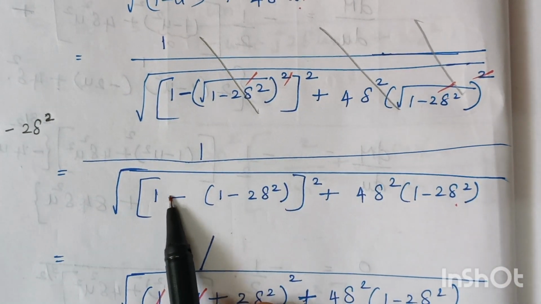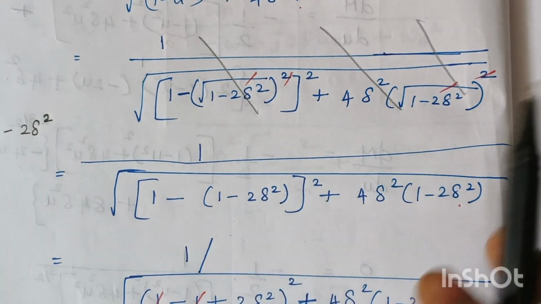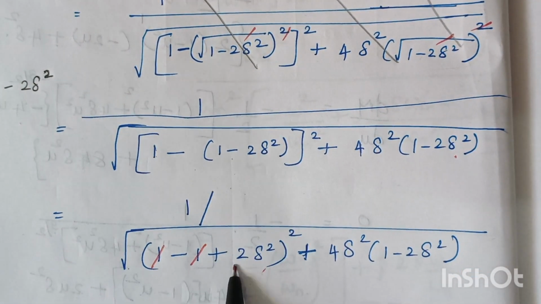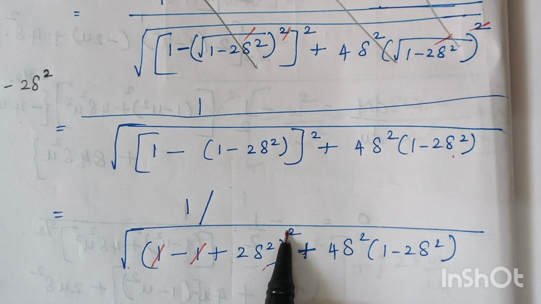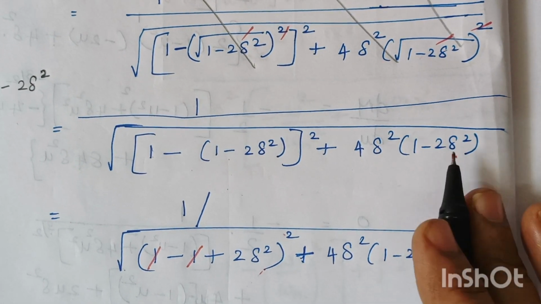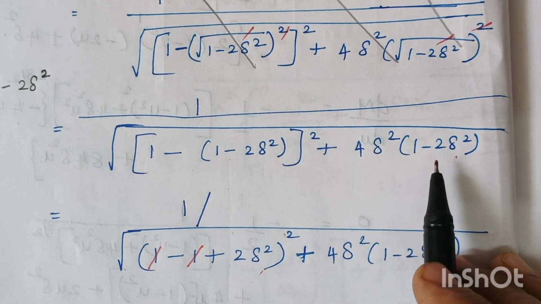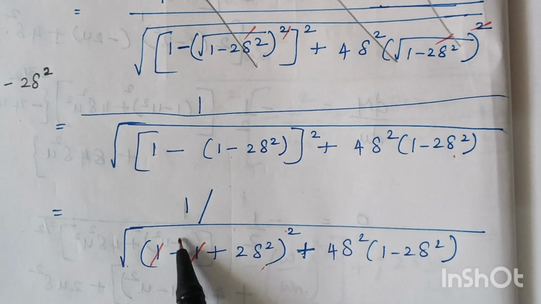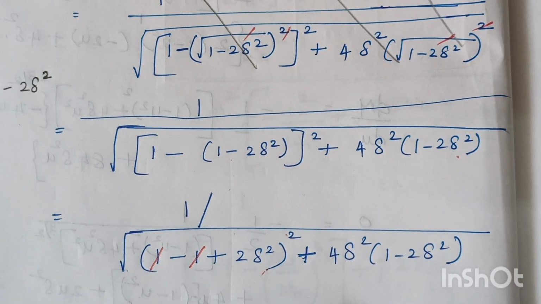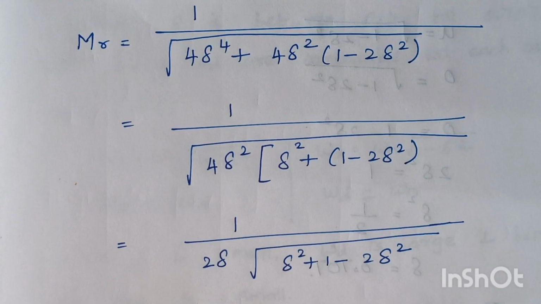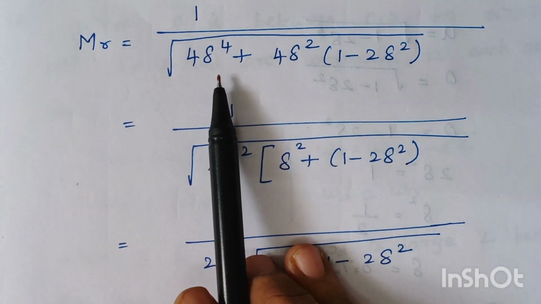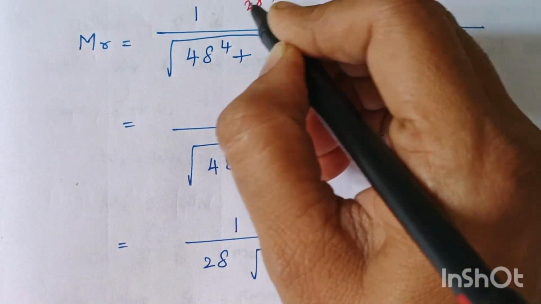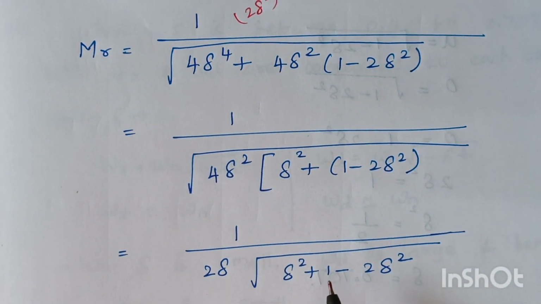Next step, I am going to move this minus sign inside. So when you move this minus sign inside, what happens? 1 minus 1 plus 2 zeta square, the whole square, plus here these terms, they won't change, right? Because there is nothing to do with this. So write this as such. So this 1 minus 1 cancel each other. And here I am having 2 zeta square, the whole square, right?